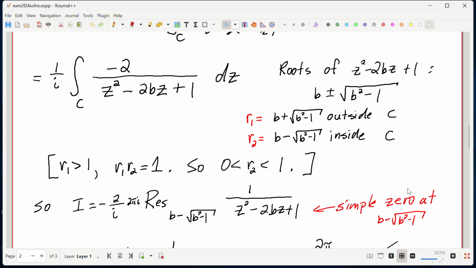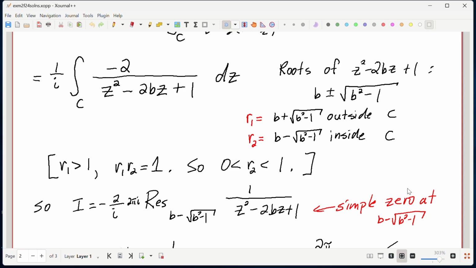Which means there's only one pole on the inside. And once again, you would use that simple thing: it's a simple 0 of the denominator at that pole, because the derivative of the denominator is 2z minus 2b, which is not 0. That derivative isn't 0 at the pole inside.